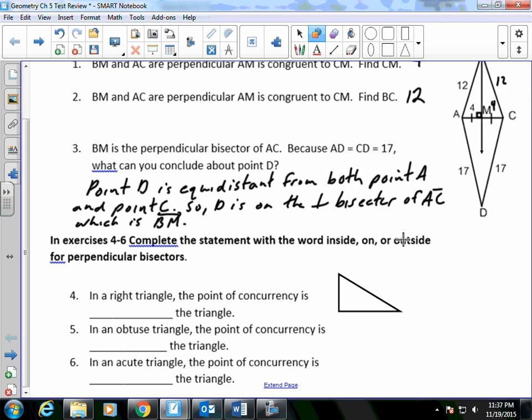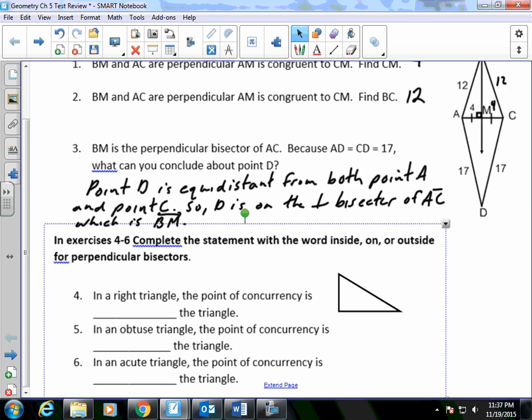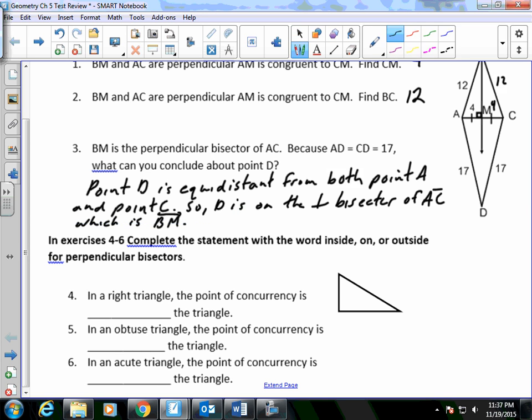And if we want to look at the perpendicular bisectors, just roughly sketching those in, looking at about the midpoint on each side, we'll go perpendicular, and so on a right triangle, it's actually on the triangle. A little off on my freehand there, but that should be right there on that hypotenuse.